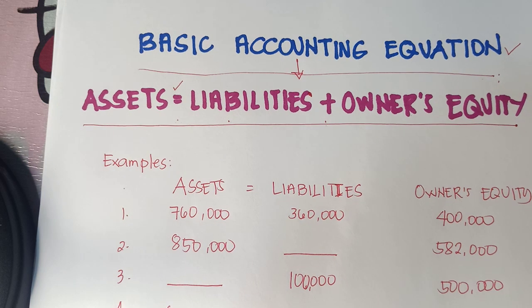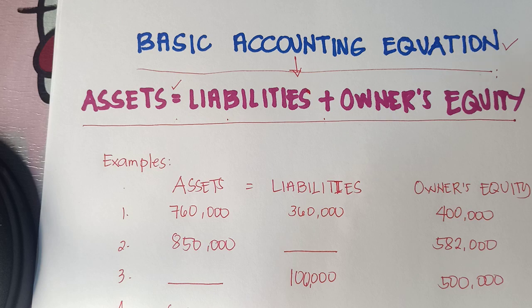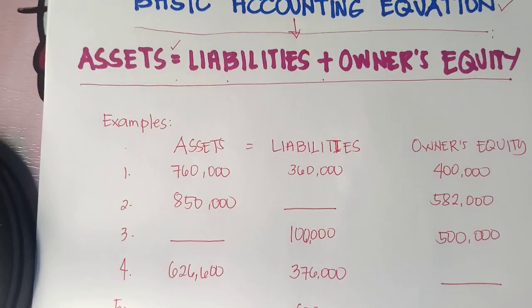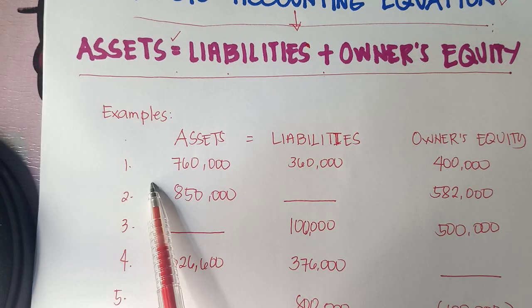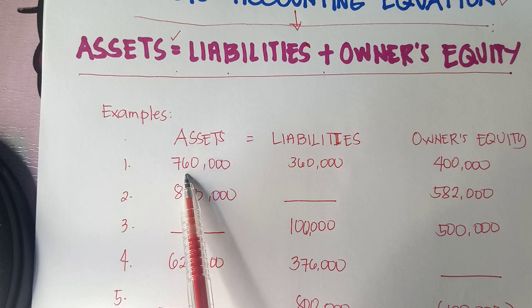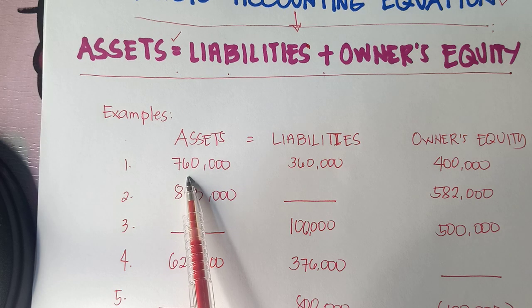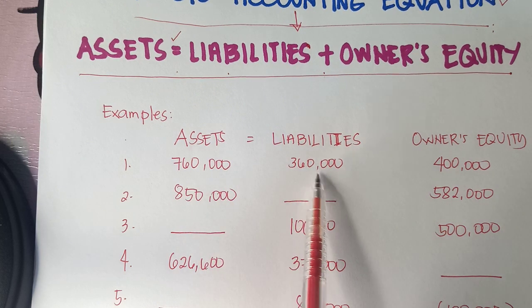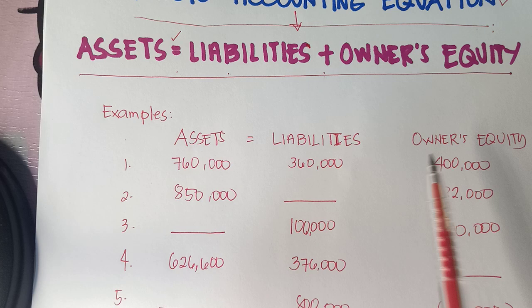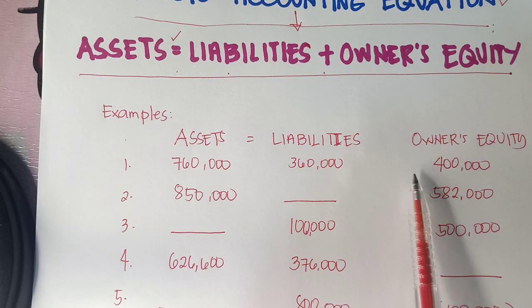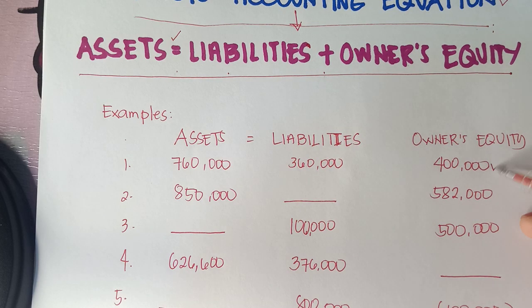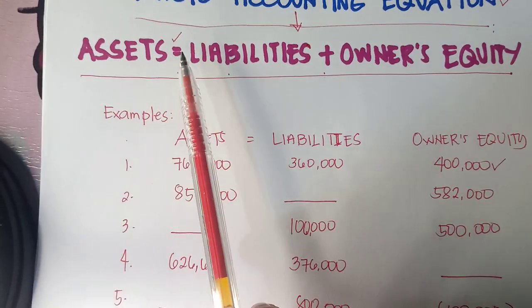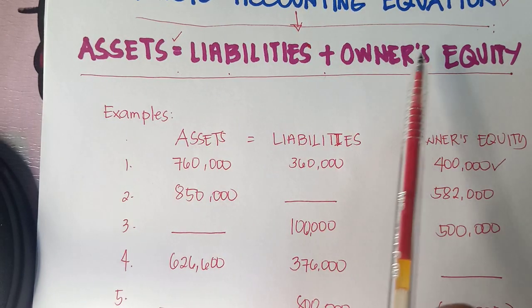Okay, so now that we already know the basic accounting equation, let's proceed to the examples given. Example number 1. If company A has assets of 760,000 and liabilities of 360,000, then the owner's equity of company A should be 400,000. Why? Because from the equation, assets is equal to liabilities plus owner's equity.